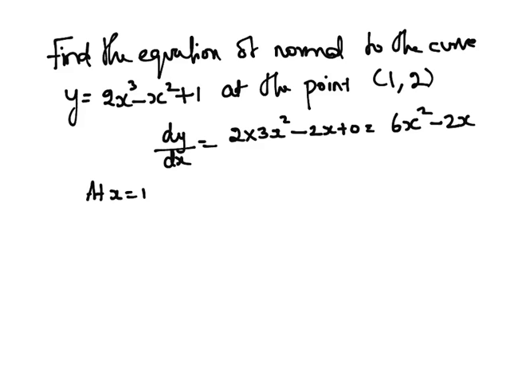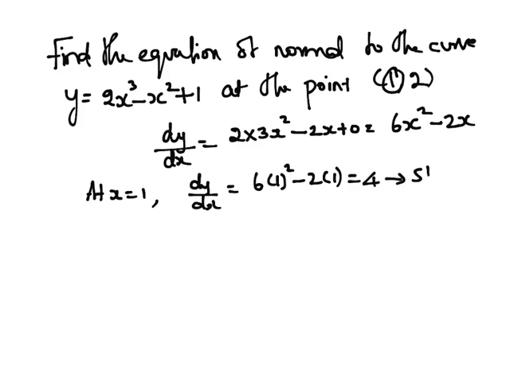I'm going to replace x with 1, at x equal to 1. I get dy by dx equal to 6 into 1 squared minus 2 into 1, which is nothing but 4. What is this? We all know that this is nothing but the slope of the tangent.